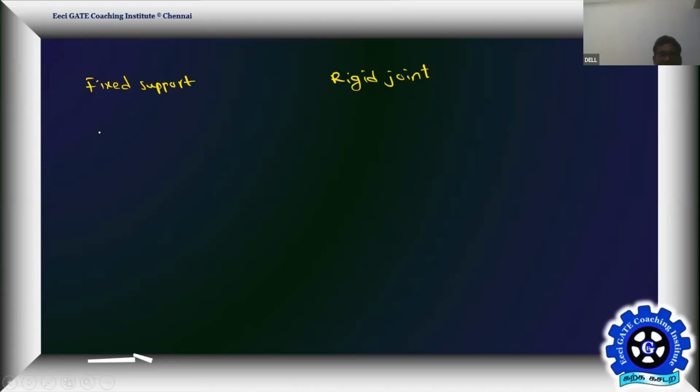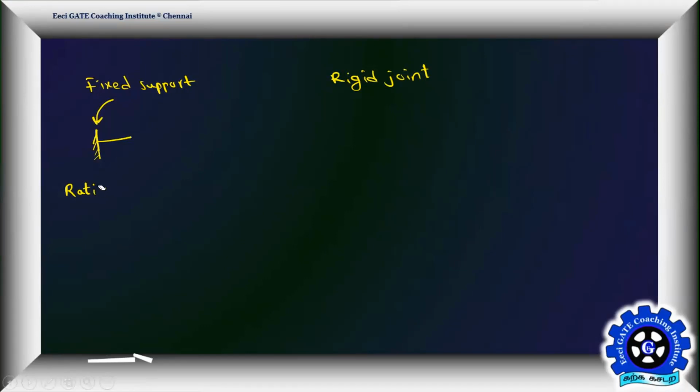Listen, now let me explain here. If I draw this one, what does this support symbolically indicate? This is the fixed support. Yes or no? This is the fixed support. At fixed support, is rotation there or not there? Rotation at fixed support is 0, sir. Yes, exactly.